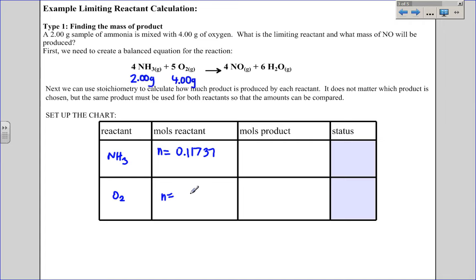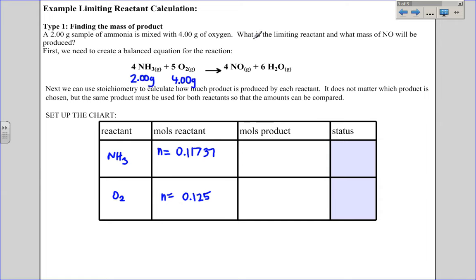For the oxygen, the O2, I'm dividing by 32, and I find that I have 0.125 moles of oxygen. Now, it appears from this example that the NH3 is limiting if you look at the amount of reactant, but that's not what we do. We need to know how much product.